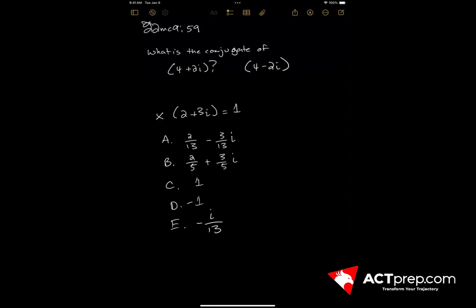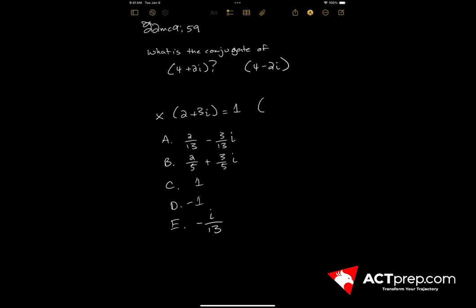Now, on this question, they tried to make it a little bit more challenging because it's not a perfect conjugate. But what we can know is that the closest thing to a conjugate form, where they switch the sign of the second term, is going to be answer A. So we're just going to try answer A first to see if that will result in it equaling 1.